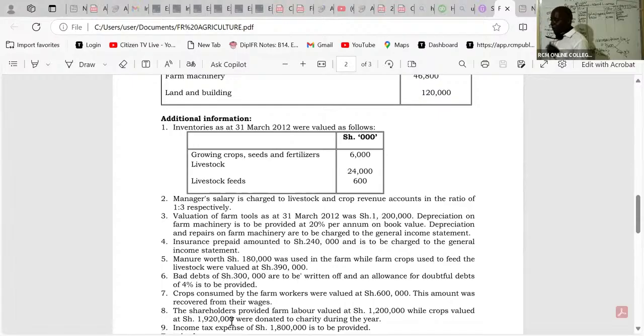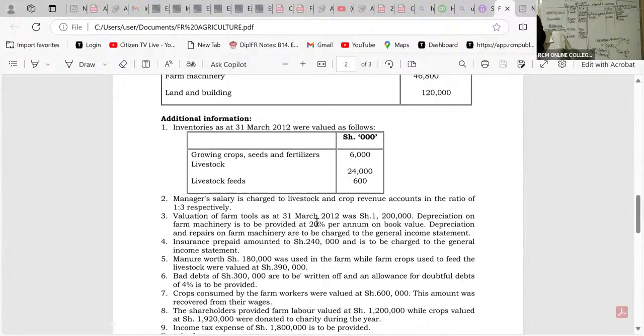Note 2, I've taken care of that, to apportion manager salary. Let's look at note 3. Valuation of farm tools as at 31st March 2012 was 1.2 million. Depreciation on farm machinery is to be provided at 20% per annum on book value.